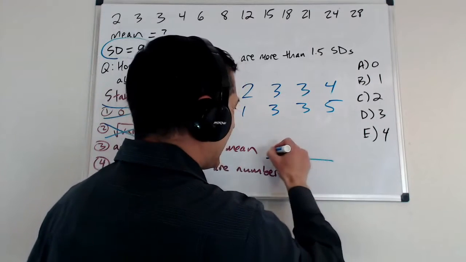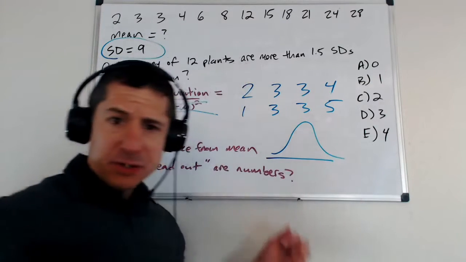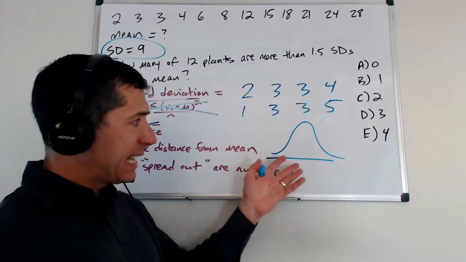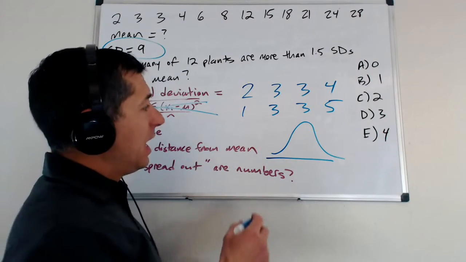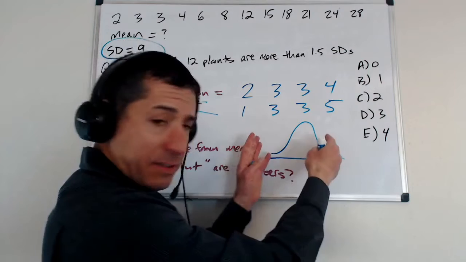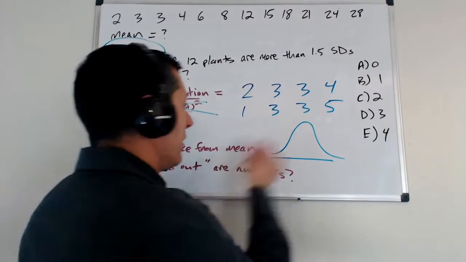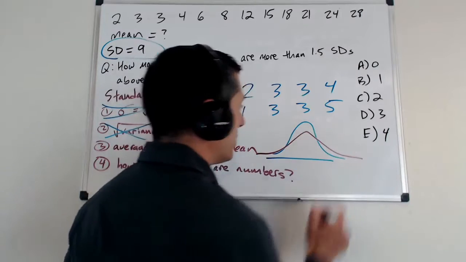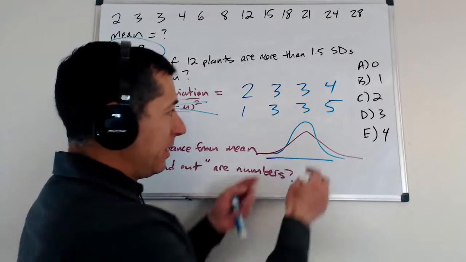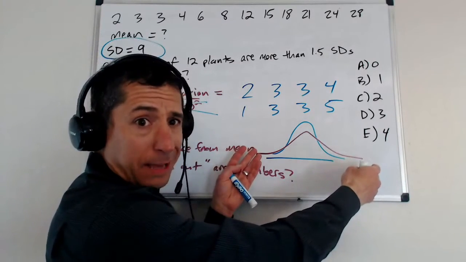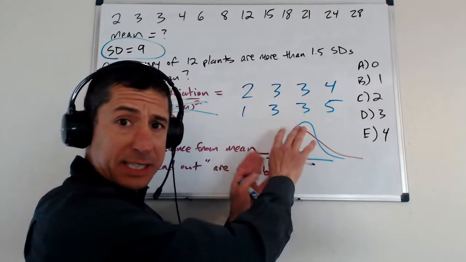In theory, they could give you something like a distribution. In this case, I drew a normal distribution. They might give you one that's fairly tight, and one that's a little bit more spread out, and say, which of these has the bigger standard deviation? Well, it's the one that's more spread out, right? So a lot of the questions they're going to ask you are conceptual.